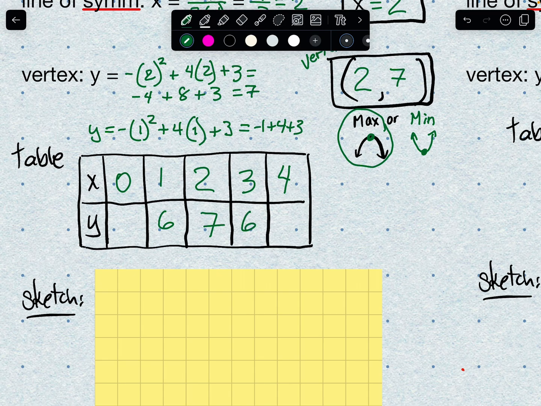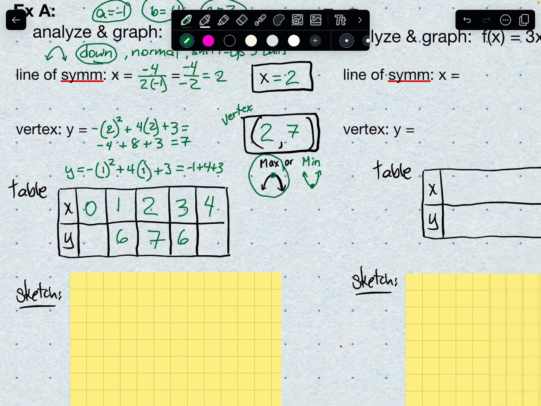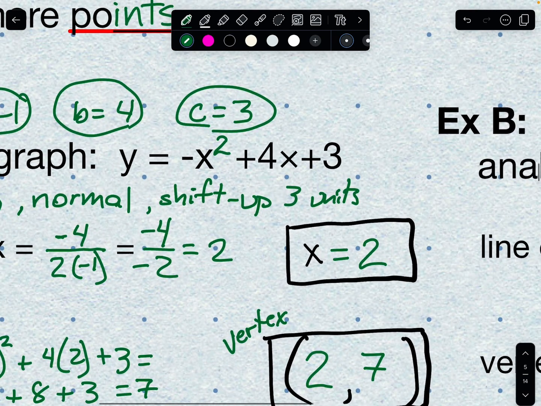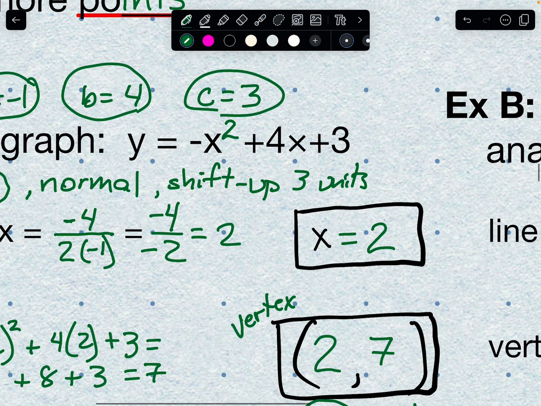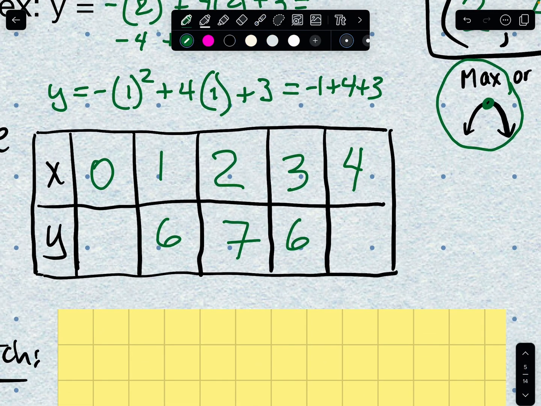So I know the 3 is going to give me 6. Plugging in 0, you can actually do just by looking at the problem, because if you put a 0 here or here, they disappear. So all I'm left with is 3. If you ever get a chance to plug in 0, that's a nice, easy one to do. And again, because of symmetry, I know the last one's going to be that.